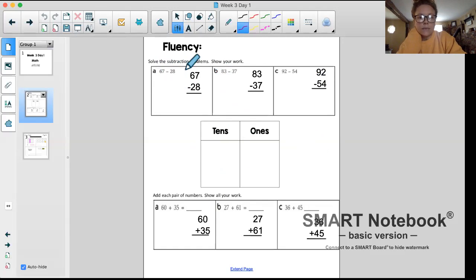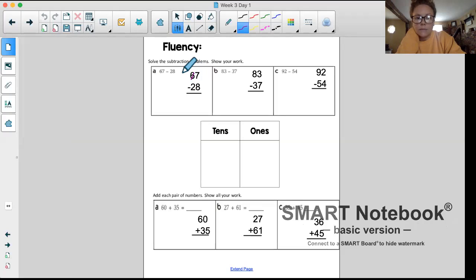All right, so we have 67 minus 28. We start in our ones place always. 7 minus 8, I cannot do because 8 is a bigger number than 7, so I can't take it away. But I can unbundle from my tens, take 1 ten away, so I'm left with 5 tens here, bring the 1 ten to my ones place as 10 ones.